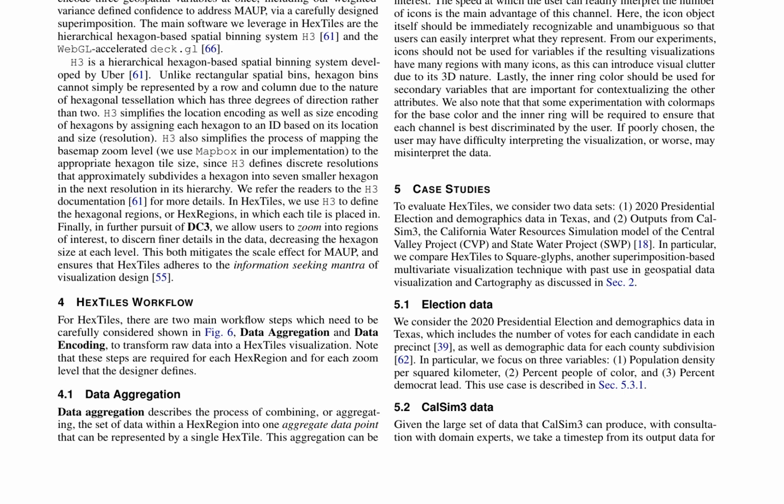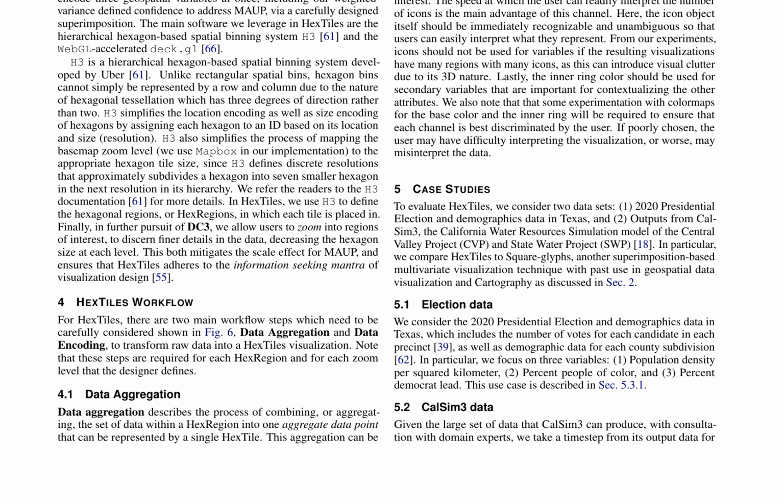The selection of data attributes for each HexTile characteristic is critical, as it significantly impacts the intuitiveness of the resulting visualization. To demonstrate the effectiveness of HexTiles, the authors present case studies utilizing diverse datasets, including 2020 presidential election and demographics data in Texas, as well as outputs from the California Water Resources Simulation Model, CalSim3.